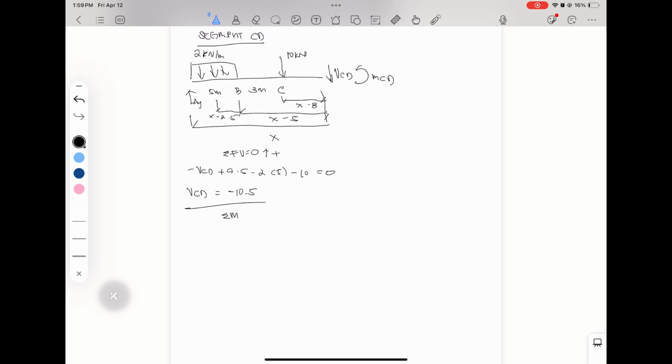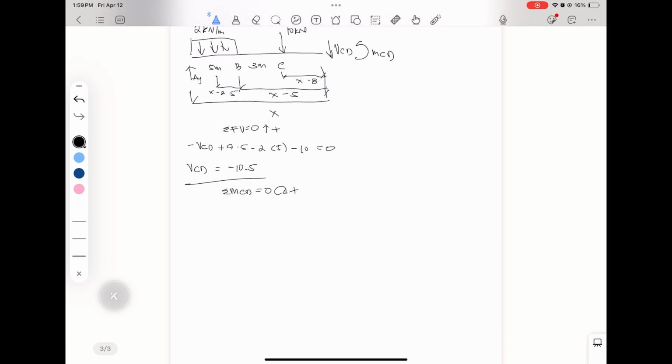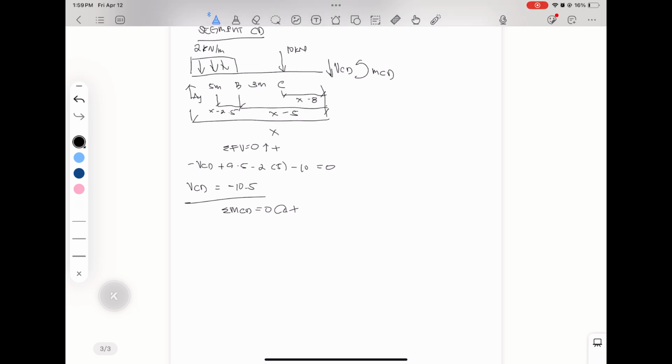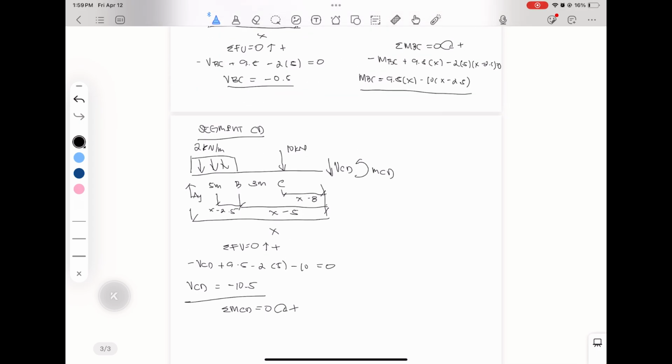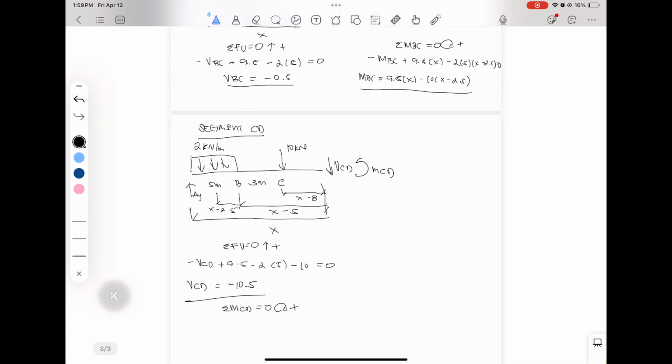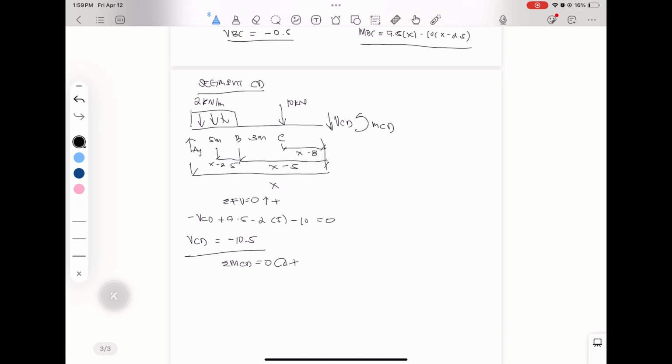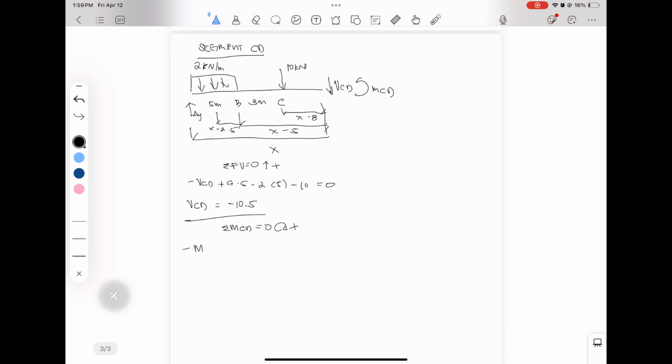Now summation of moment at CD is equal to 0. Clockwise is positive. It's the same distance as before, but there's just an additional 10 kilonewtons. So we can just copy the one that we have above, but I can just show you the solution, which is MCD.